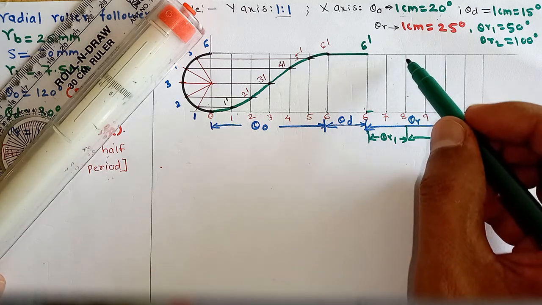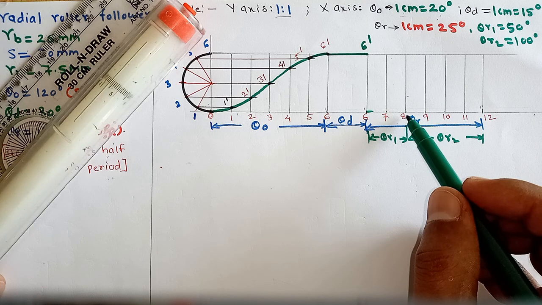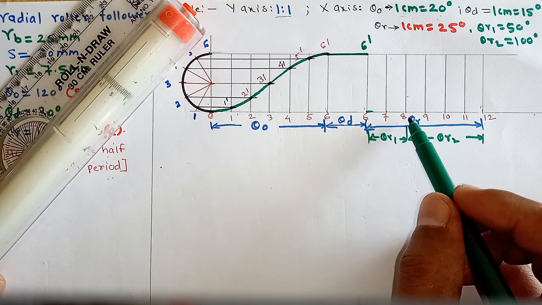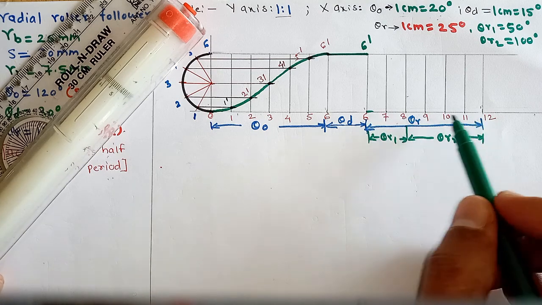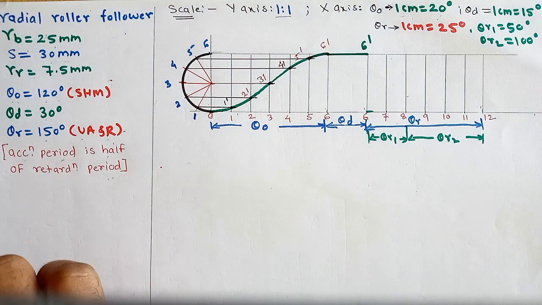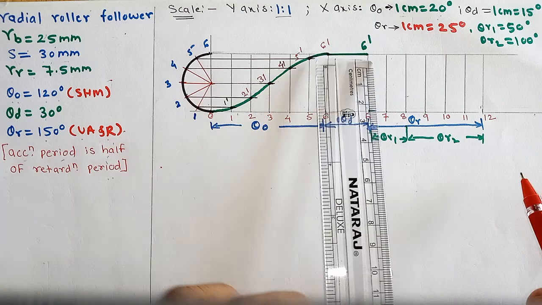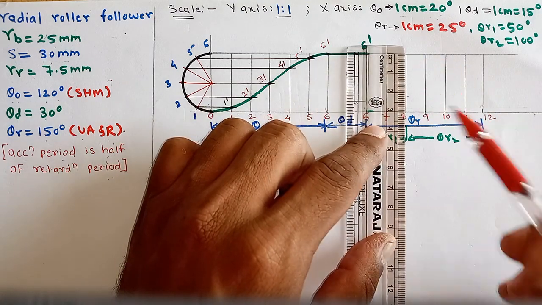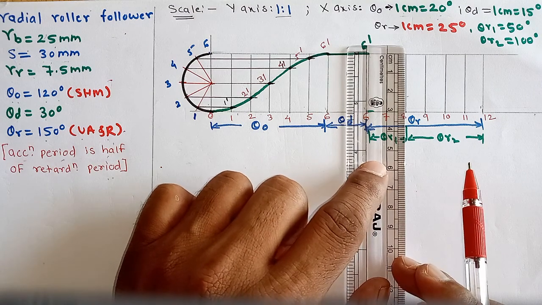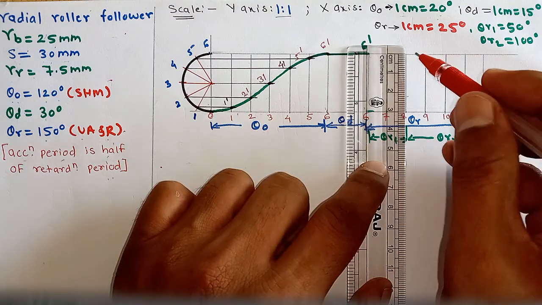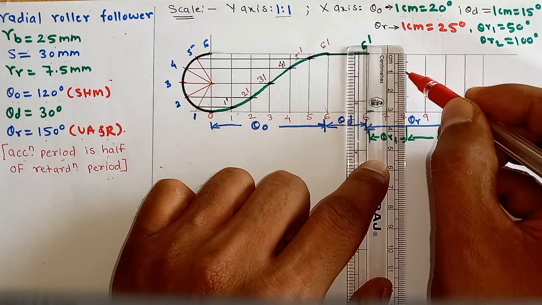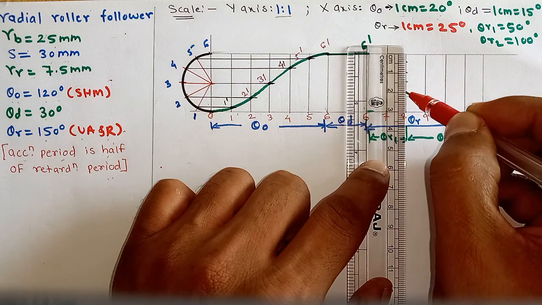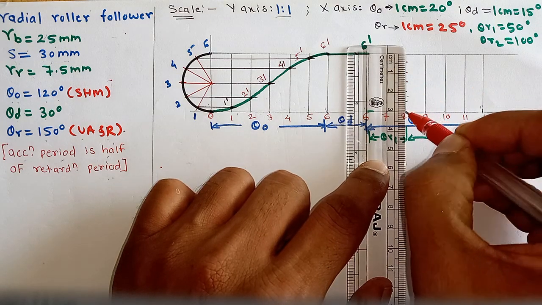Now we divide this line number 8, which is the boundary of the acceleration and retardation period, into the same number of divisions as that of the return stroke angle. So we have divided the return stroke angle into 6 equal divisions. So we will divide line number 8 into 6 equal divisions. Total is 30 millimeters. So each division will be of 5 millimeters. So this is 1, 2, 3, 4, 5 and 6.